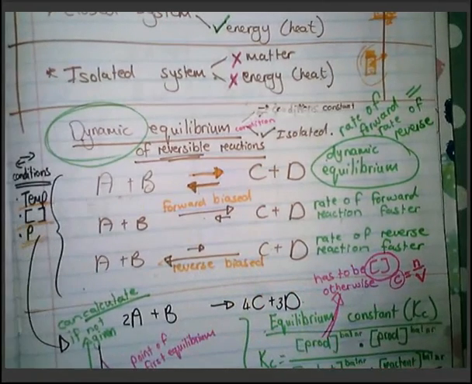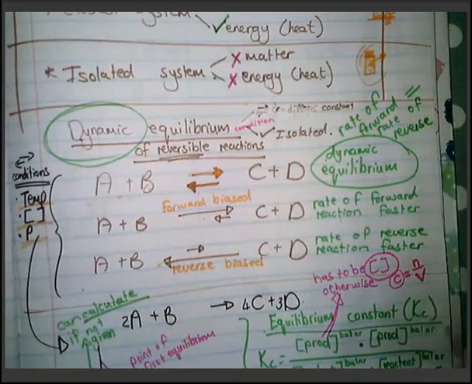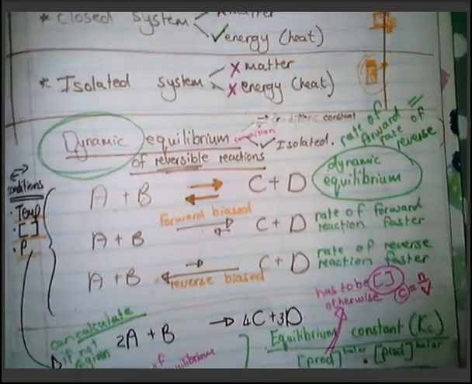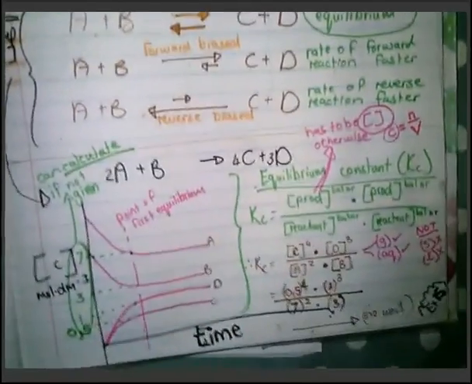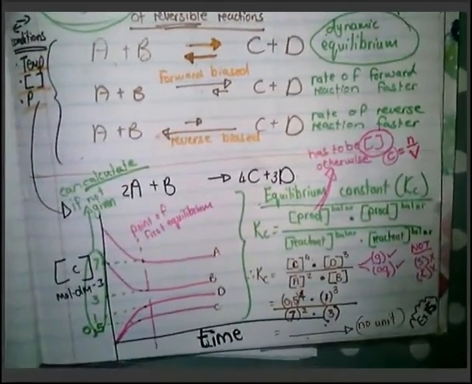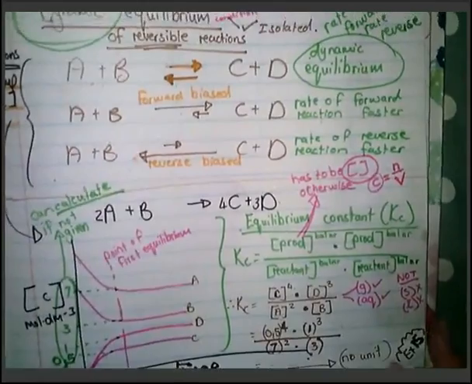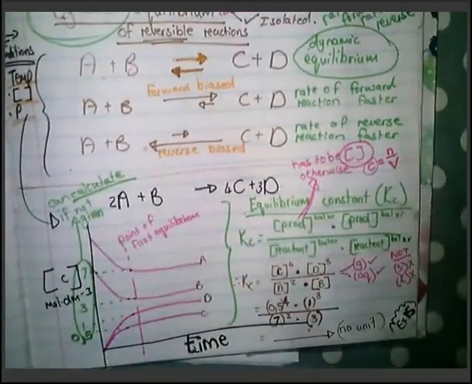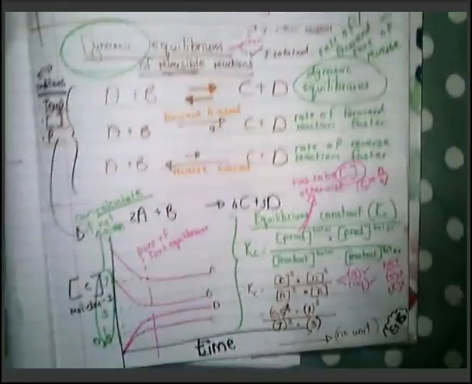Now, these equilibrium conditions, we can draw a graph like this for equilibrium.